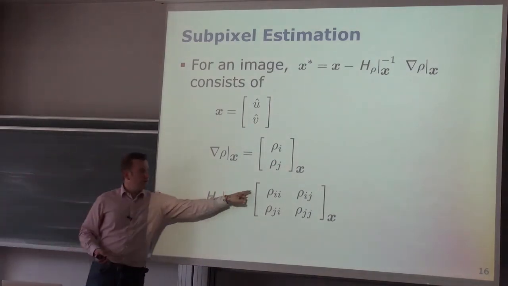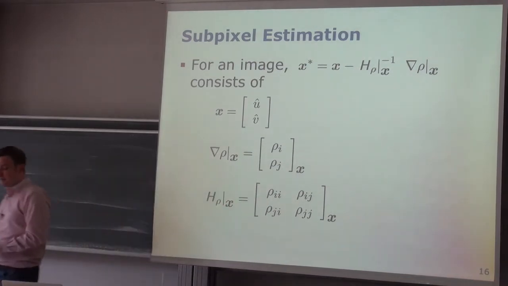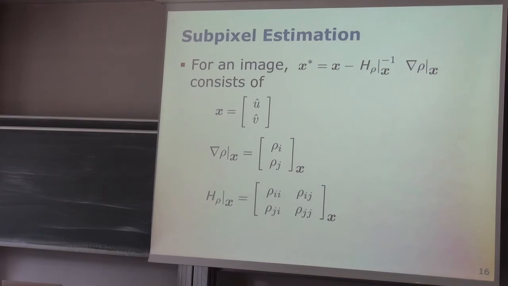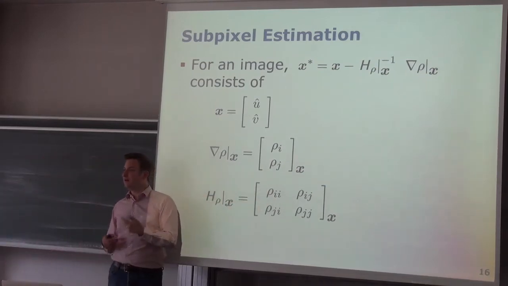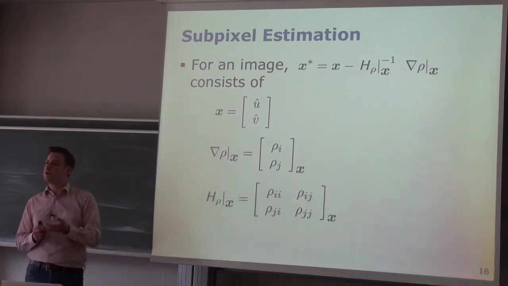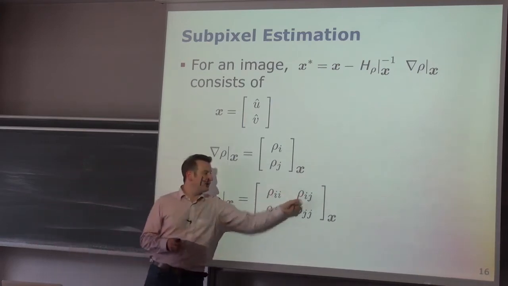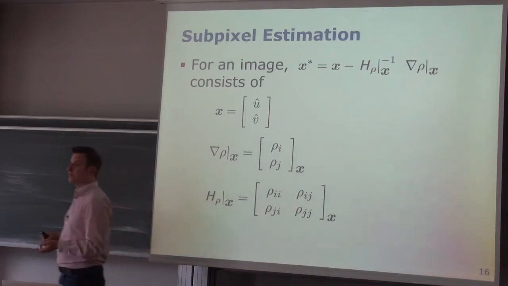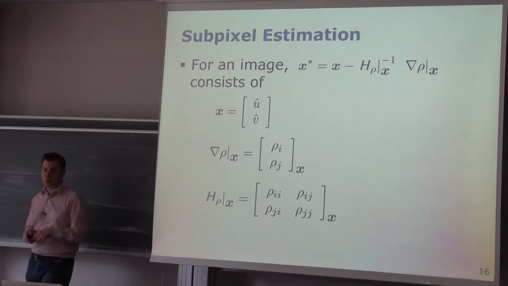The same holds for the Hessian, so these elements of the Hessian are the partial derivatives of second order. We also presented a filter, or a kernel, which I can apply by convolving the kernel and my image function, so that I obtain the derivatives with respect to x twice, y twice, and x and y.